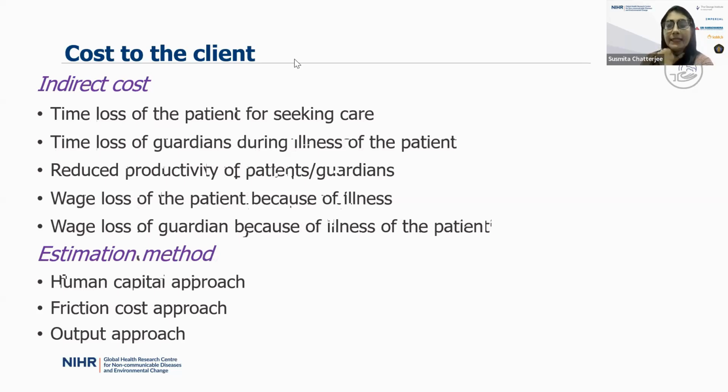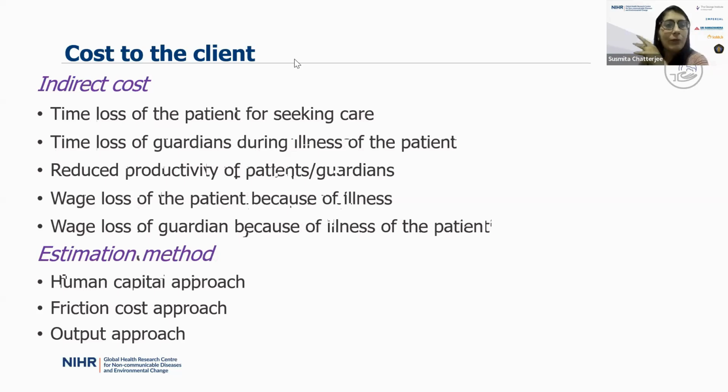Now, another problem with the income loss approach is that not everyone works, right? Suppose a housewife has some disease. Don't you think that we need to cost the time spent by the housewife for the disease? We have to, right? And that's the time cost.